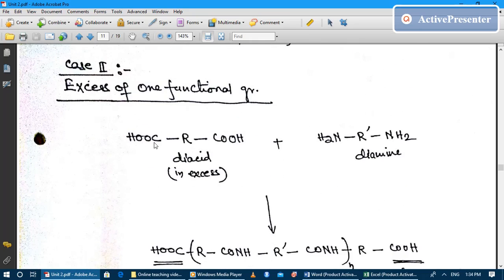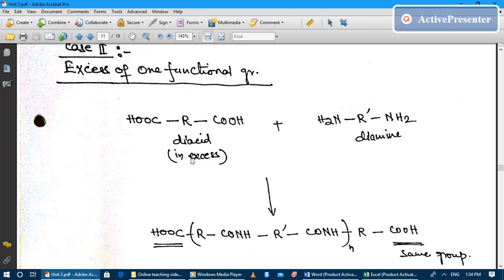Here we are considering a diacid, with one functional group and a second functional group. So diacid is in slight excess, not in very huge excess, it's slight excess.